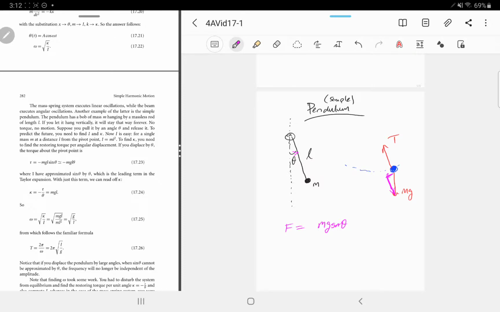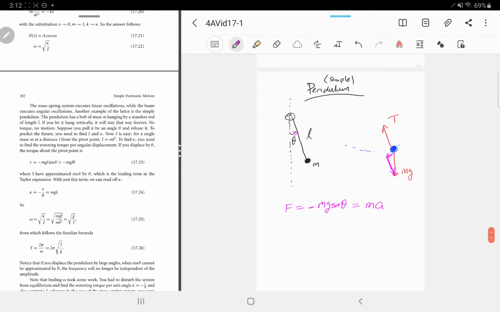And the force is opposite that direction. So really, with theta defined to be positive, the more the pendulum gets away from equilibrium, the force is in the negative direction.